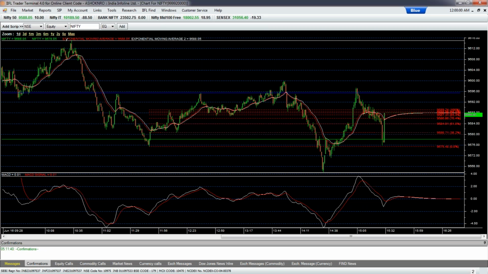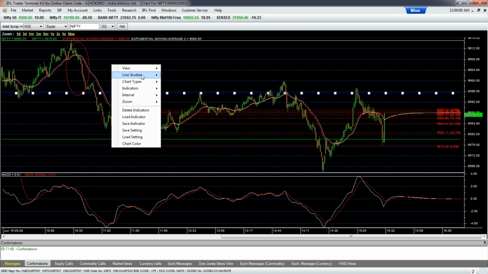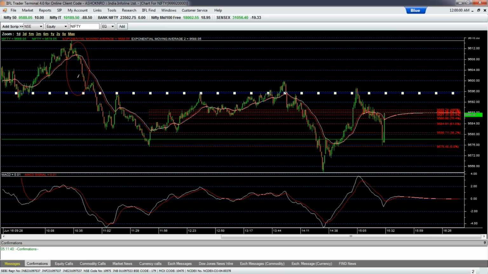We have a big downfall over here, and afterwards the market tried to make some high. There are some people who will buy at this point. It is called bottom fishing. So market went high and it came low, went high, came low, and then went much higher and came much lower.